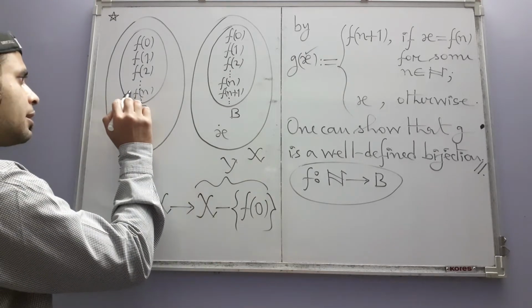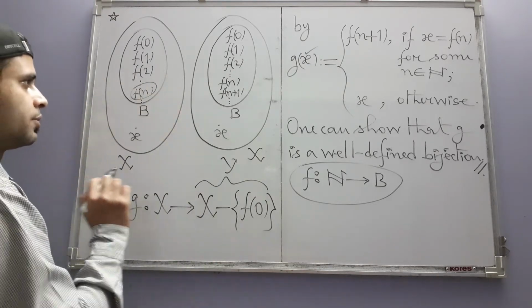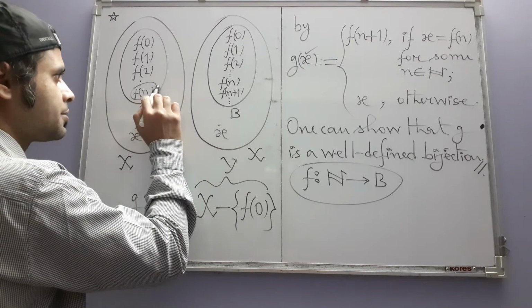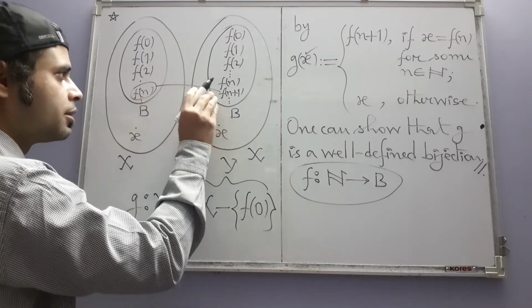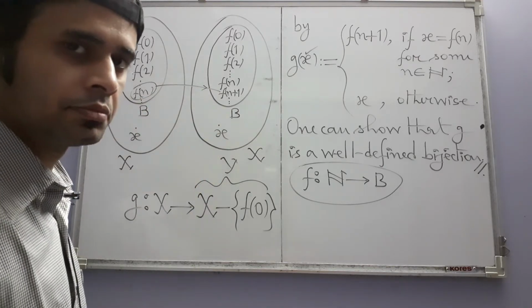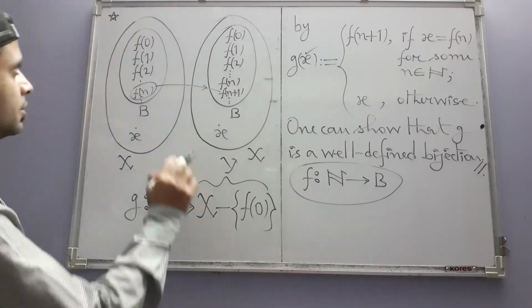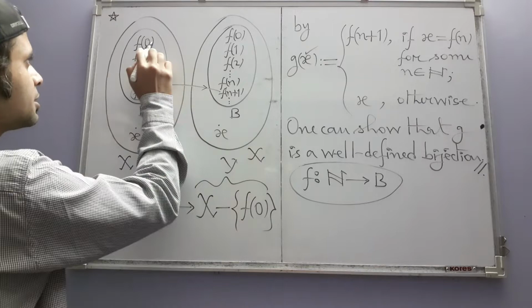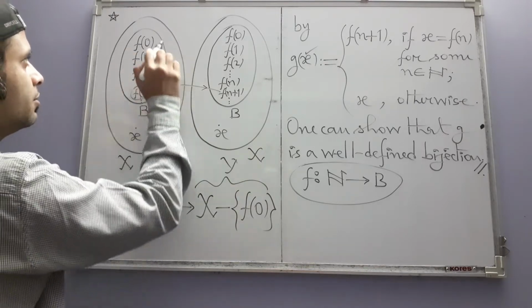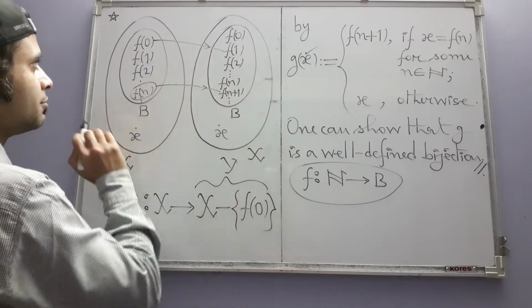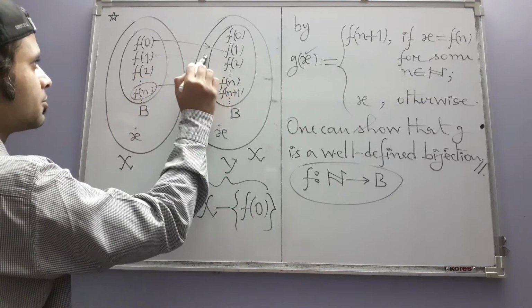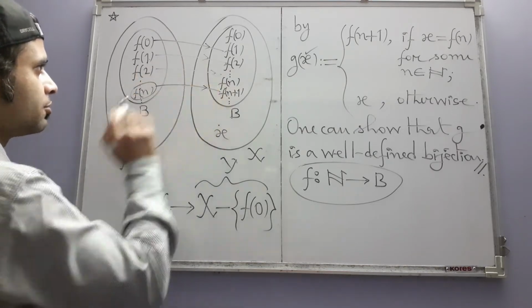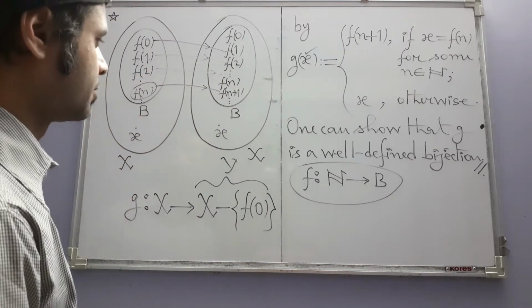So if our x is this thing, then g maps that onto this, the next one. If our x is, for example, f of 0, in order to be specific, then that gets mapped onto f of 1. f of 1 gets mapped onto f of 2, f of 2 gets mapped onto f of 3 and so on.